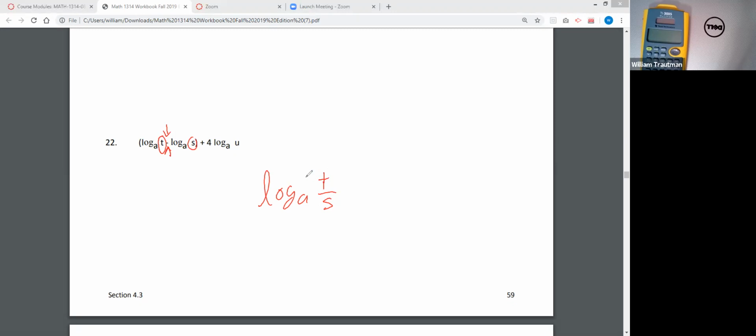T over s times, and since this is in front, it comes over to the top, times u to the fourth power. So this becomes log base a of t over s times u to the fourth power.